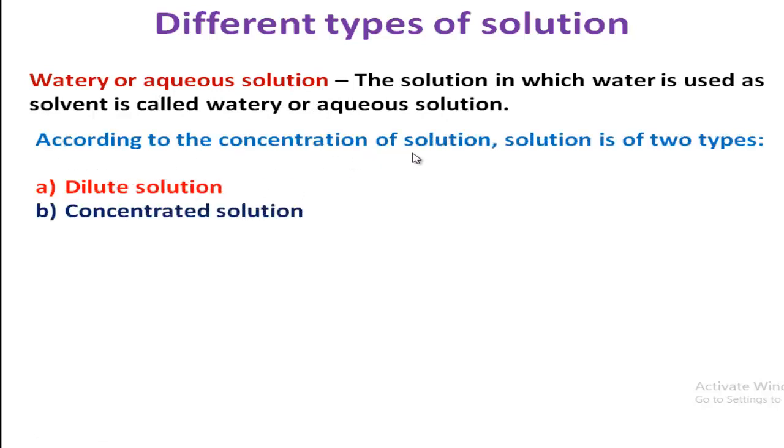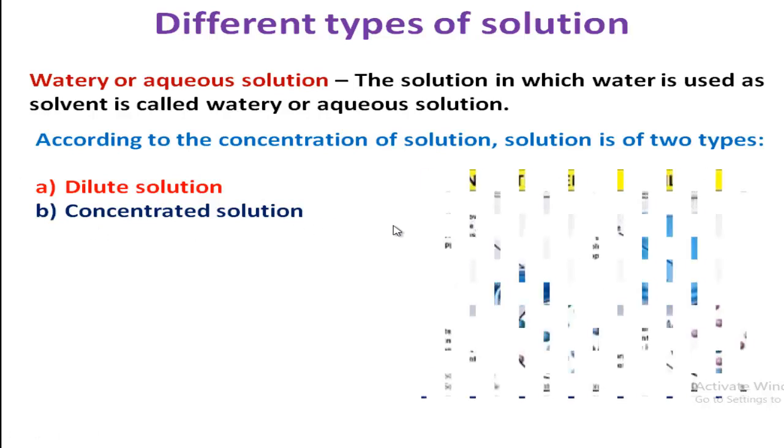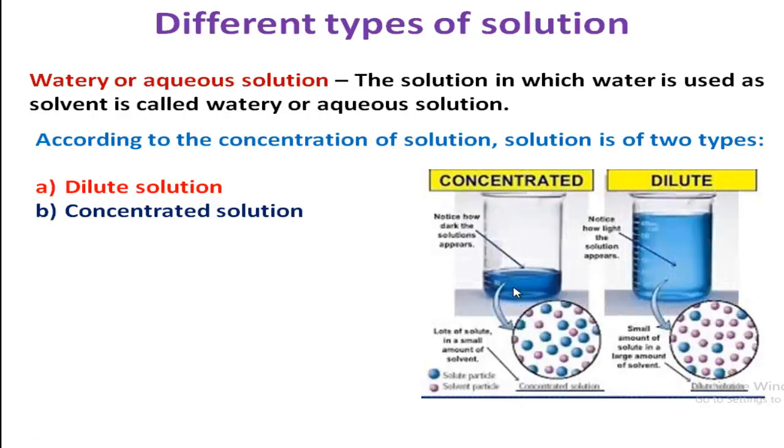According to the concentration of solution, solution is of two types: dilute solution and concentrated solution. Follow the picture. Here, this is concentrated solution, this is dilute solution. So what is concentrated solution?